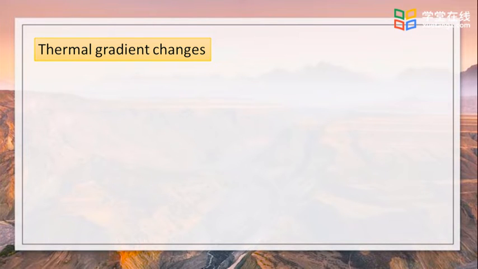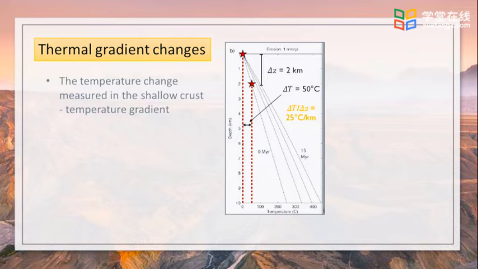The temperature change measured in the shallow crust, which we call the temperature or thermal gradient, is often used to study thermal processes in the crust. The geothermal gradient is simply the difference in temperature at two different depths in the Earth, with typical values of 15 to 30 degrees centigrade per kilometer.